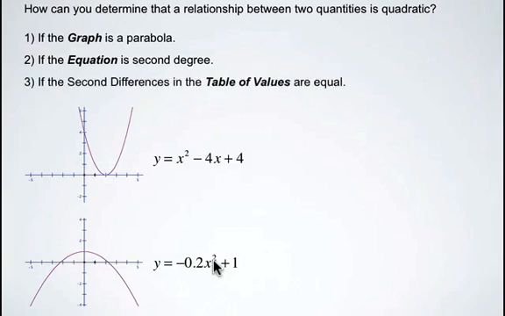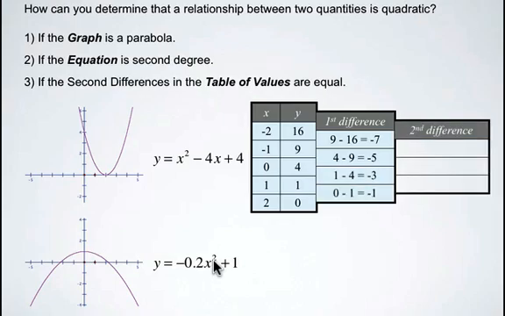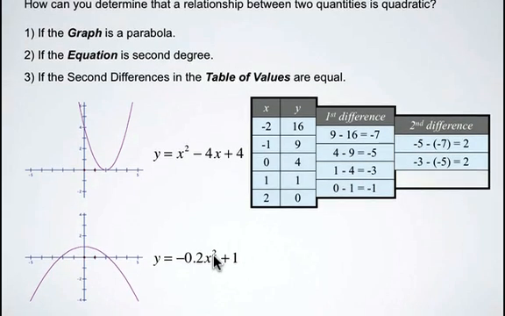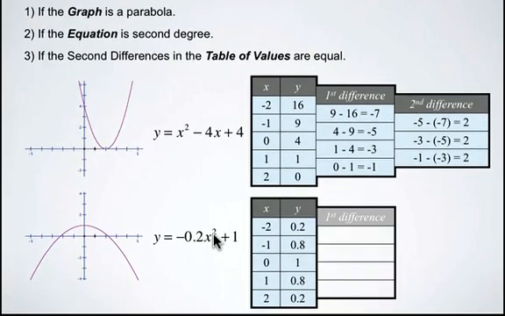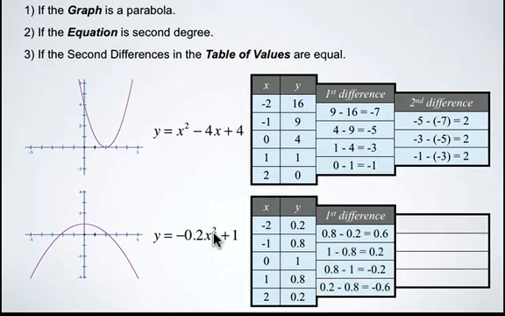Finally, if you look at the table of values, the second differences are going to be equal. Notice that in both of these examples, the second differences are equal.